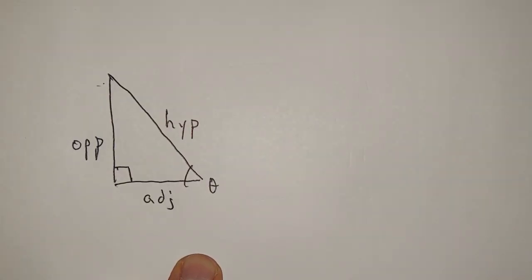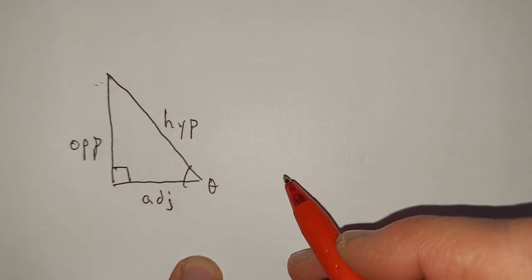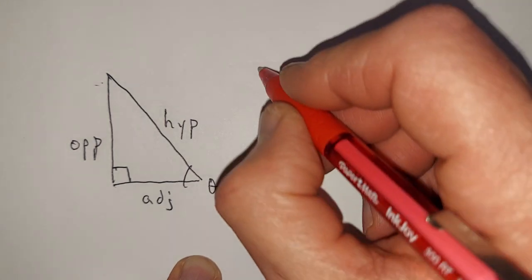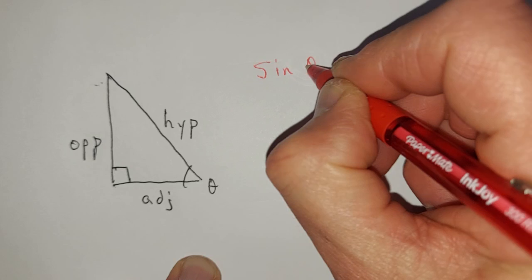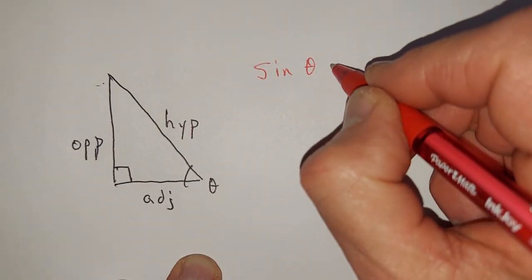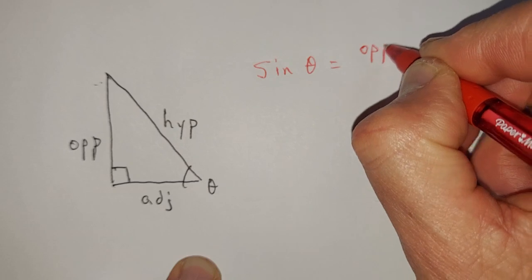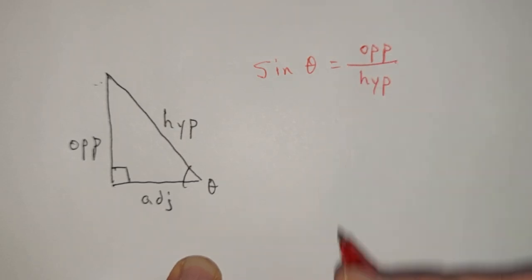Now, the three main trig functions are sine, cosine, and tangent. The sine of theta, sine of the angle theta, is equal to the length of the opposite side divided by the length of the hypotenuse.